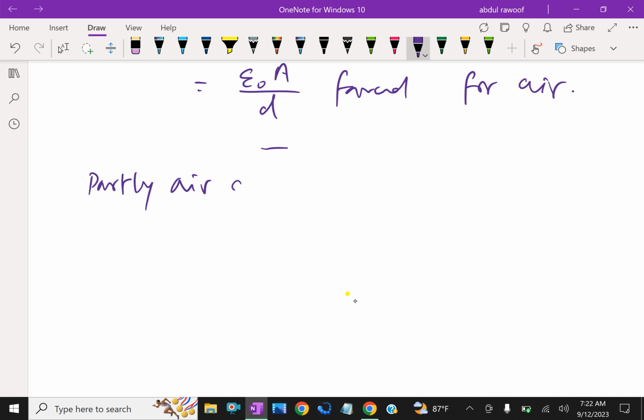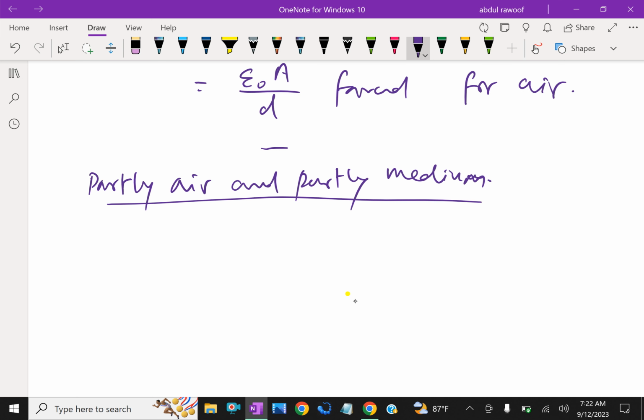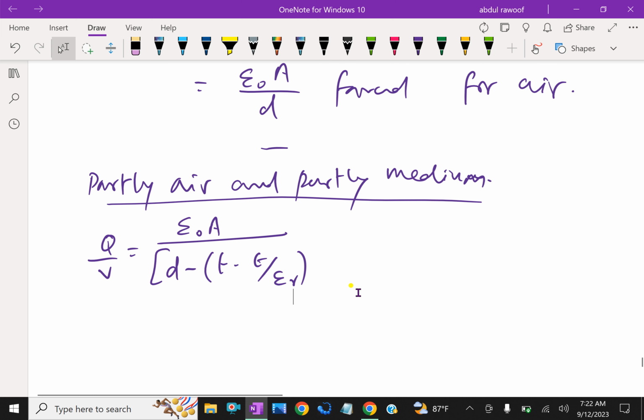For that case, Q over V equals epsilon 0 A over D minus T minus T over epsilon r, where T is the thickness of the dielectric medium.